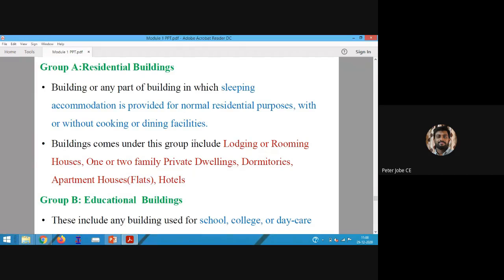Buildings under this group include lodging or rooming houses, one or two family private dwellings, dormitories, apartment houses, hotels, etc. So not only private residential houses, but also lodges, hotels, and dormitories all come under residential buildings.